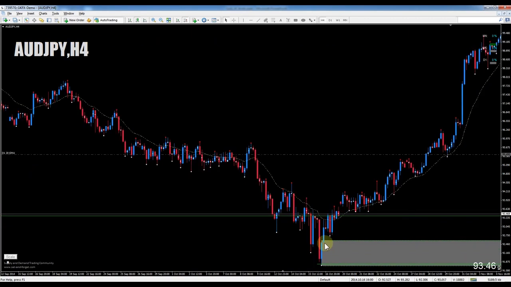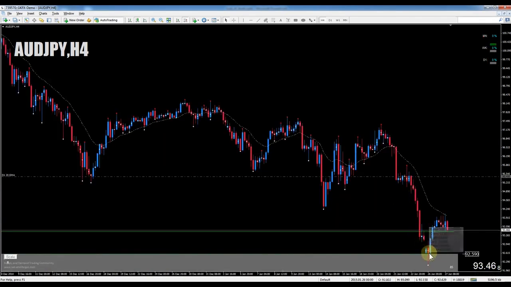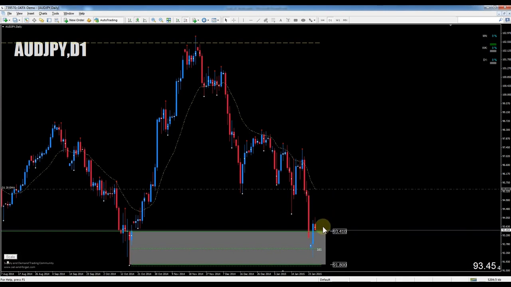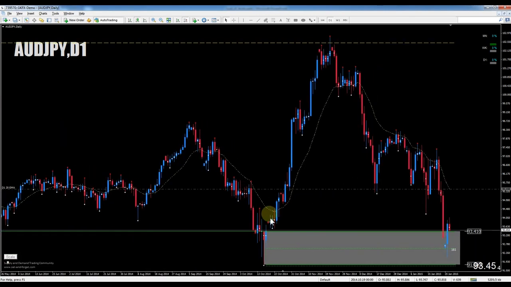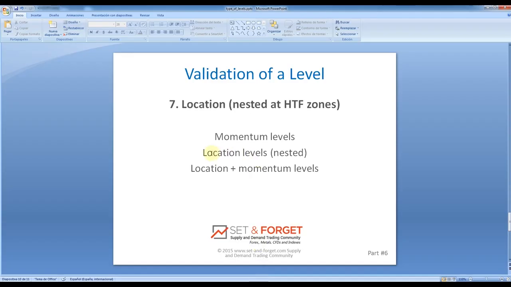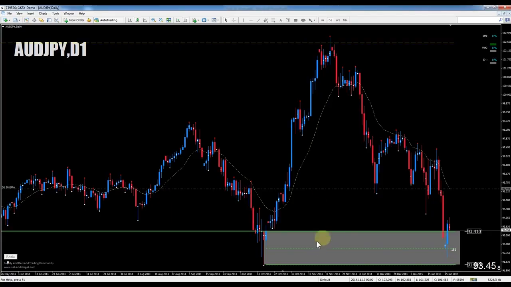It is a nested 4-hour area of demand at a daily area of demand at a weekly area of demand. Price drops down there and then rallies from there, now reacting over there. So you have to take all of that into account, so that this level in the 4-hour will be a well located level. Why? Because it is nested within higher time frame areas of supply and demand, in this case, demand.